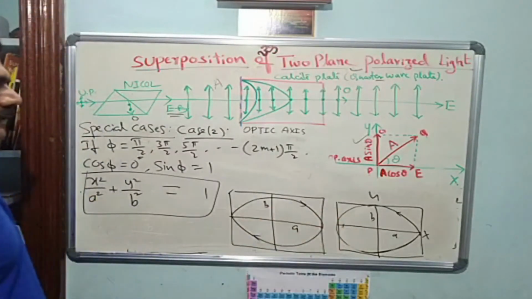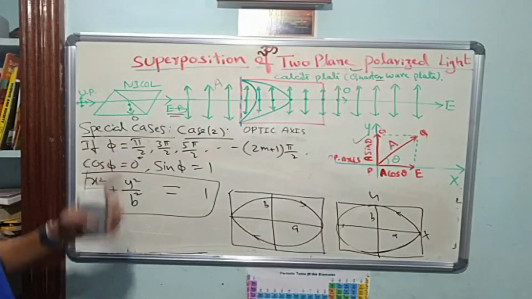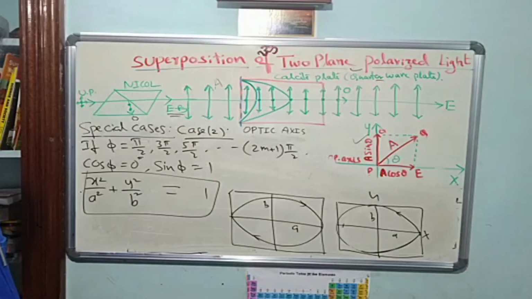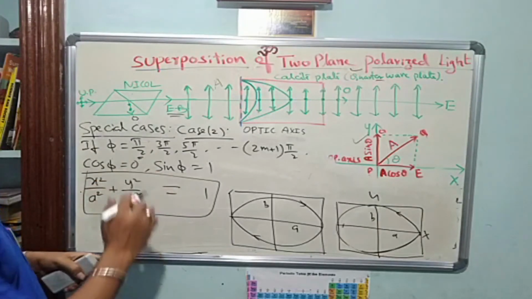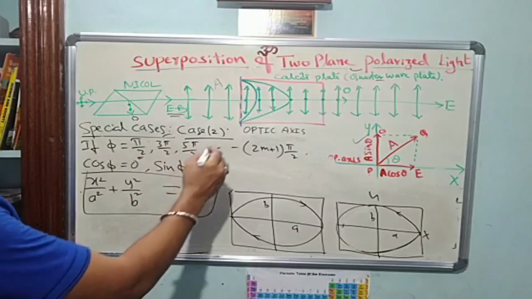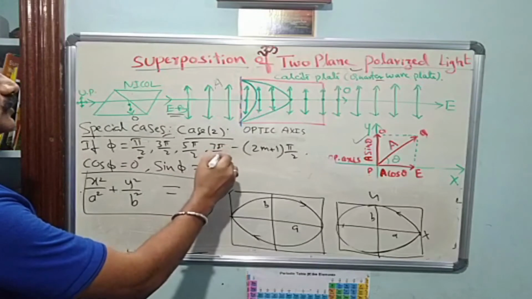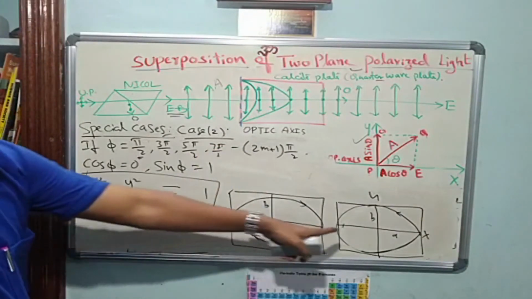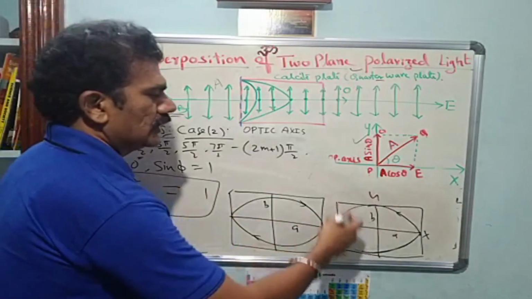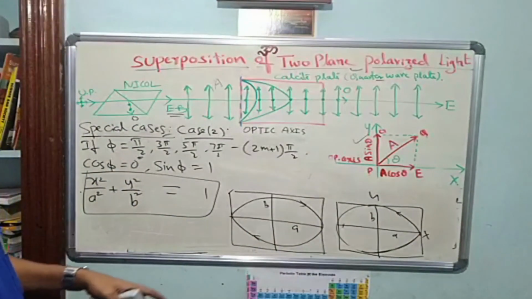So both are possible, depending upon the value of the phase difference phi. If phi is equal to 3 pi by 2, 7 pi by 2, etc., in this condition you will get the negatively rotating elliptical wavefront.